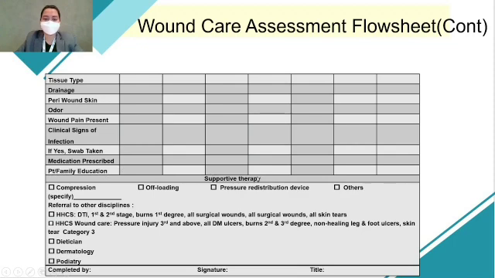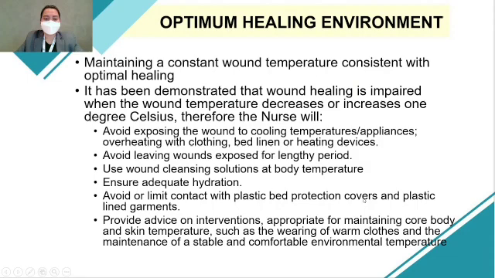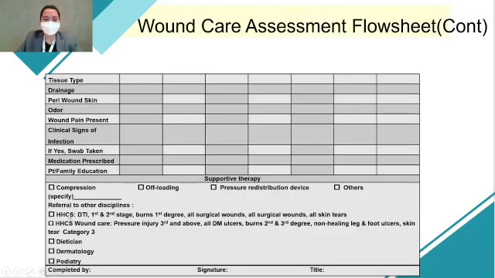For the supported therapy, is there any compression, offloading, pressure redistribution device, and others? Or you refer to another multidisciplinary team. For stage 1 and second stage, burn from first degree, all surgical wounds and all skin tears.